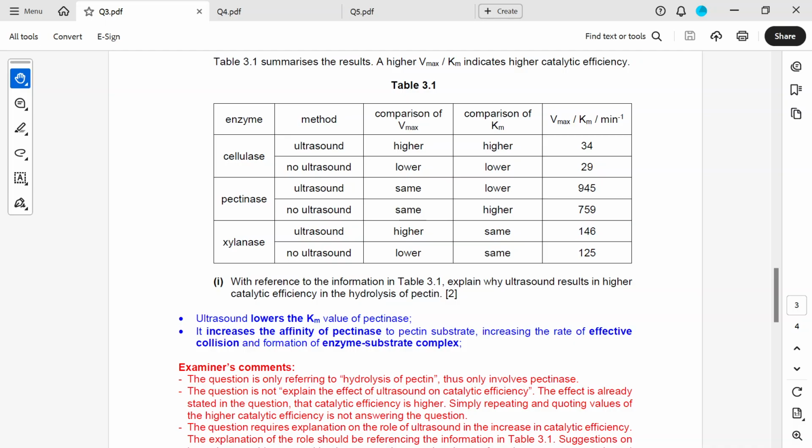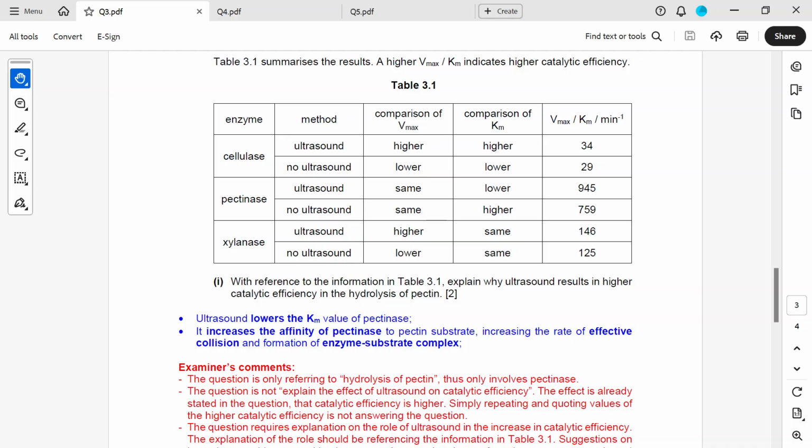So your explanation must come from information that you see. So besides the increase in the catalytic efficiency, which the question already mentioned, what other things do you see in the table? So you also see the Vmax, which is the same.